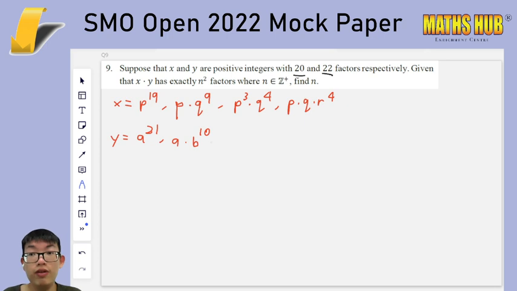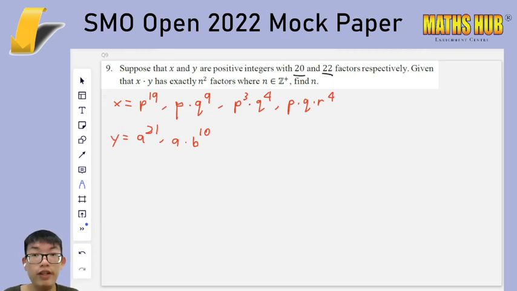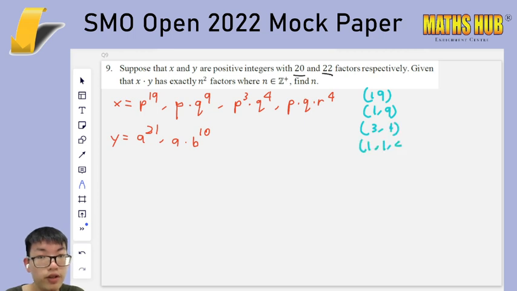So you can think of it almost as these are just different combinations of numbers and you would like to combine some of them. So you've got either 19, you've got 1 and 9, 3, 4 and 1, 1, 4. And down here you have got 21 or 1 and 10.